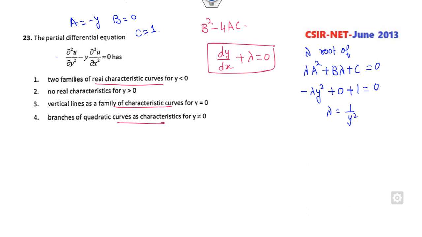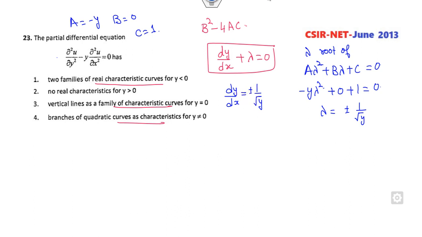Oh, sorry, it is quadratic in lambda. It is a lambda square, minus y here. So the value of lambda will be plus minus 1 over the square root of y. So the characteristic equation is this, or I can write this as an equality with plus minus.